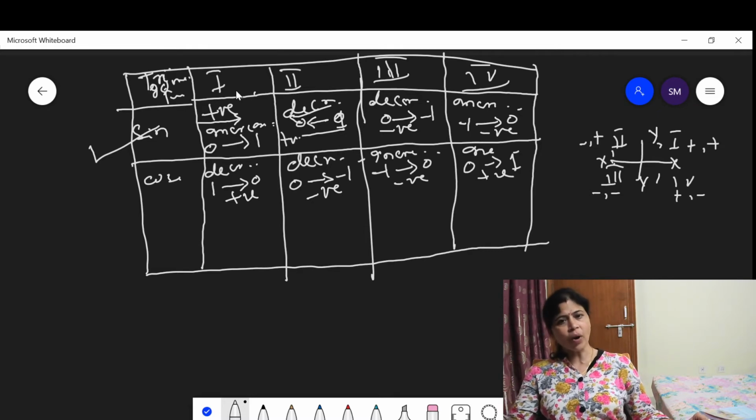In the second quadrant it is decreasing from 1 to 0, and the value is positive because values between 1 and 0 are positive. In the third quadrant it is decreasing from 0 to minus 1, which means a negative value. In the fourth quadrant it is in increasing mode. Now I am saying this only for sine functions.